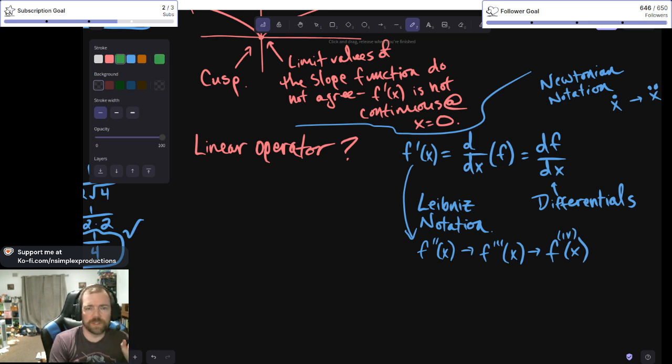So is this a linear operator? If it is a linear operator, then what should happen is all of this is going to be closed under a linear combination.